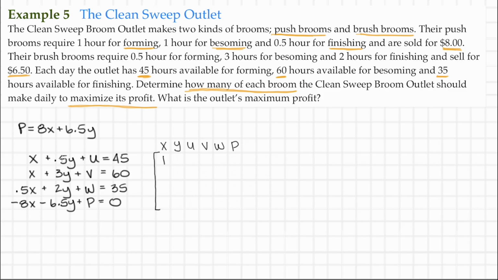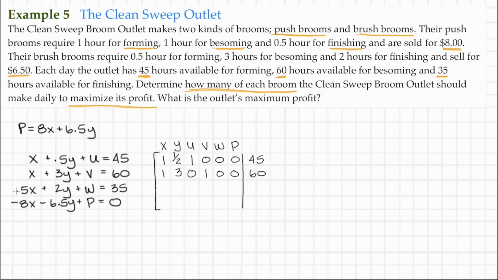Now, the best thing to do is translate any decimals into fractions. It's much easier using fractions. So we'll put in 1/2 Y right here. Then we have U. We do not have a slack variable V or W or a variable P. So now we can put in our vertical line and 45. Then 1, 3, no slack variable U. Then 1, 0, 0, and 60.